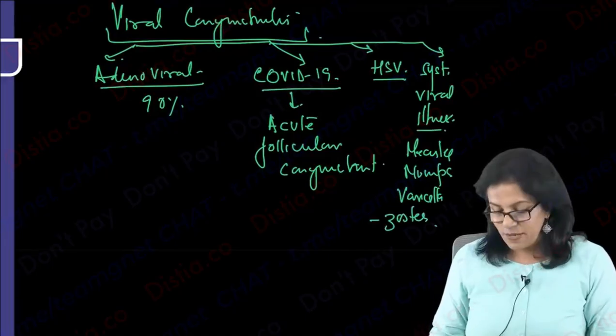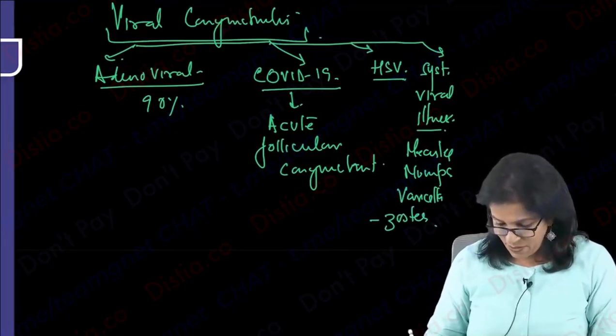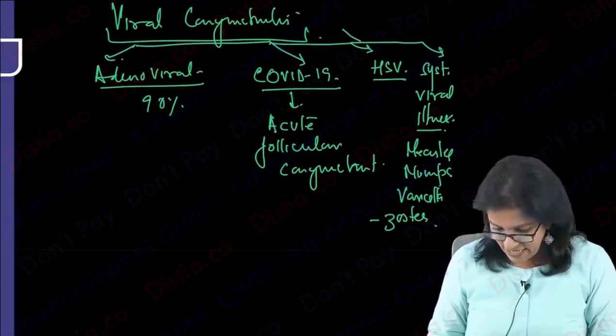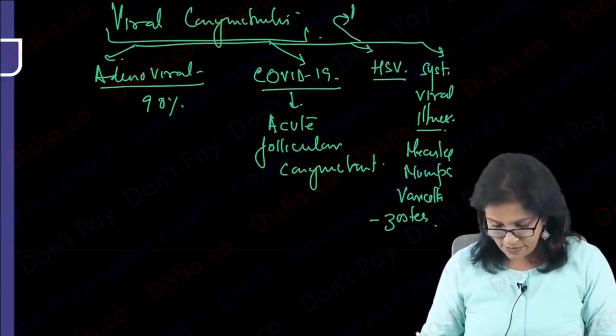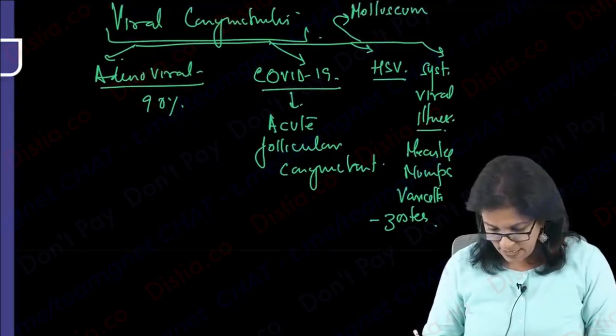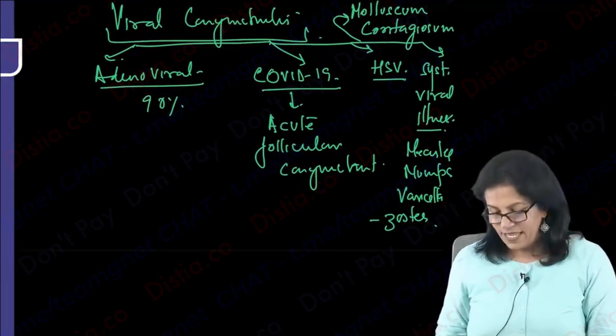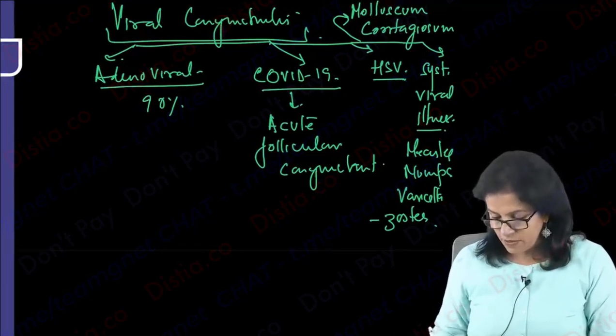And one more term that you must have learnt, you can write down on your page, I'm writing here, is molluscum contagiosum. What is molluscum contagiosum? This is mainly caused by pox virus. Okay, so we first talk COVID-19. This is what needs mention.